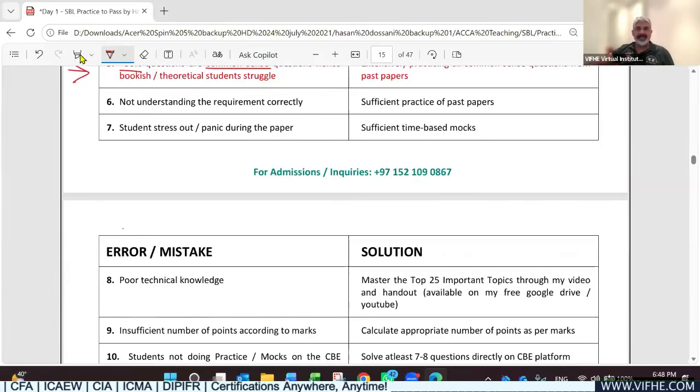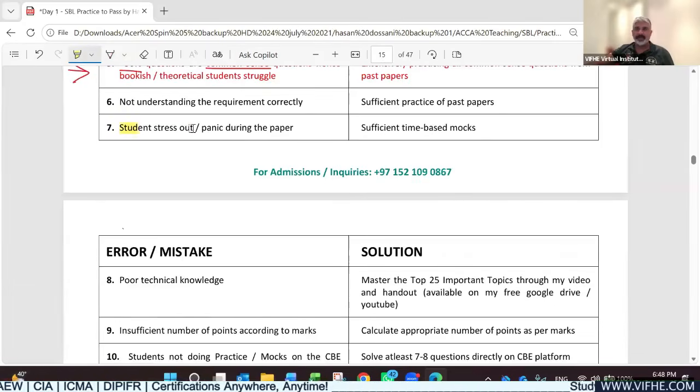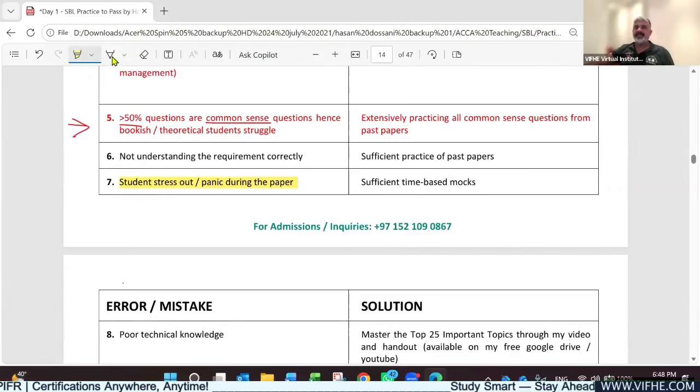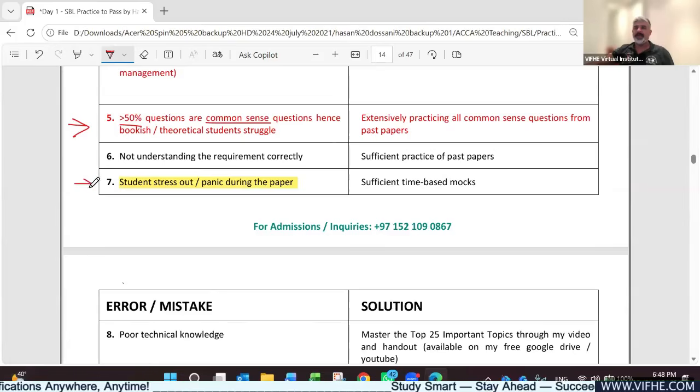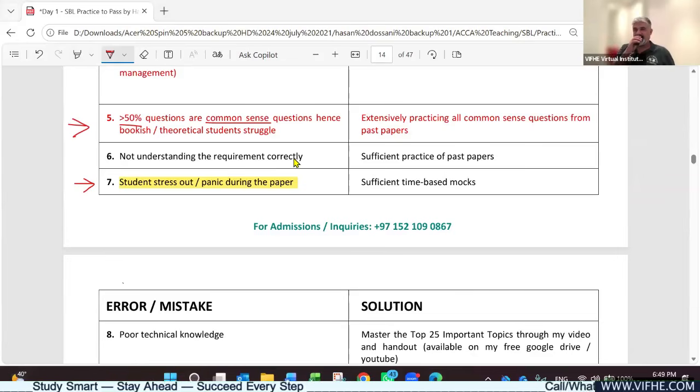And nowadays, I'm seeing this one a lot. This reason is getting very popular, that students stress out or panic during the paper. How many of you have stressed out or panicked during your ACCA paper? Write to me.